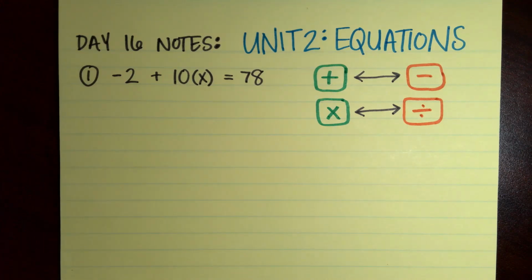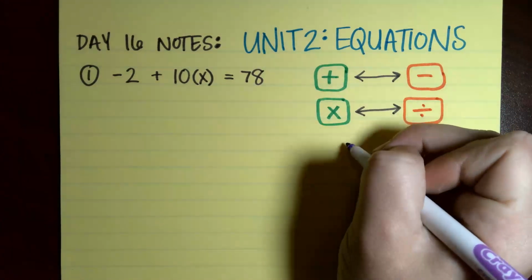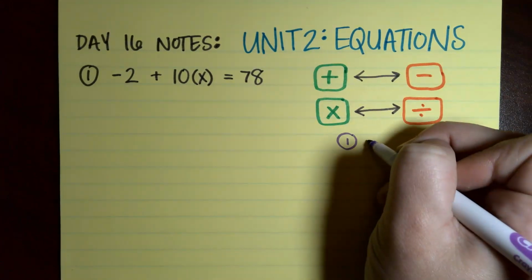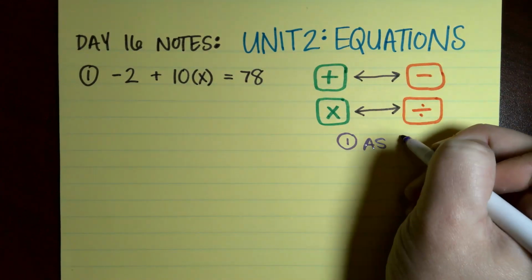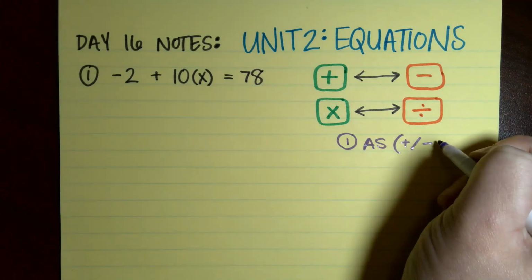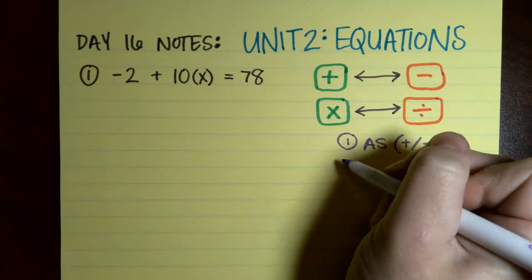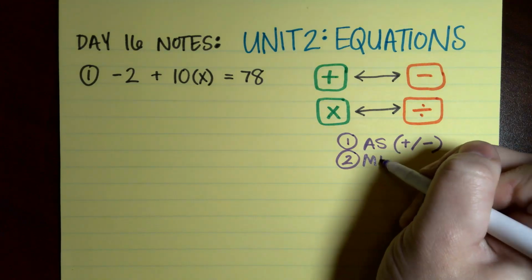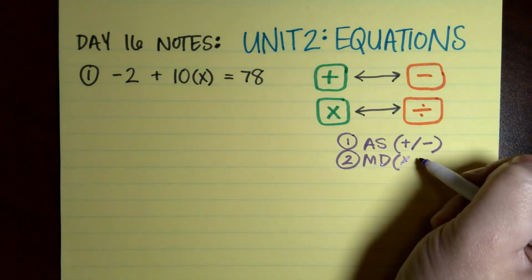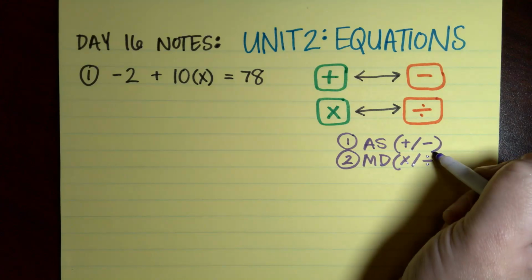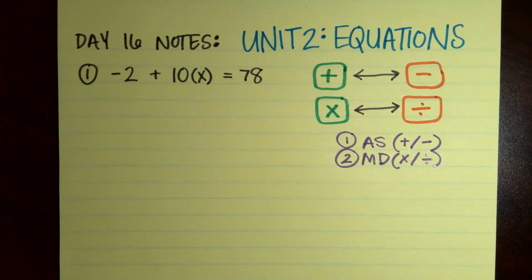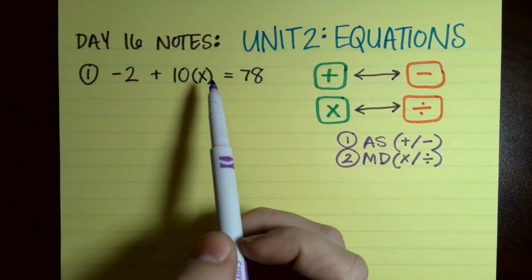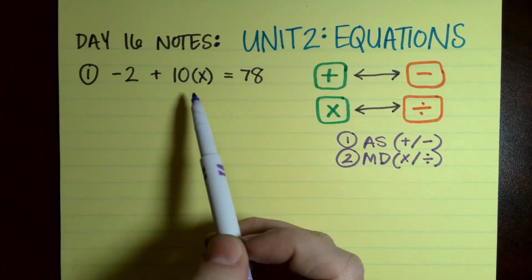But whenever we are solving an equation, we're going to do the opposite order of operations. So first we undo addition and subtraction, and then after that we undo our multiplication or our division.